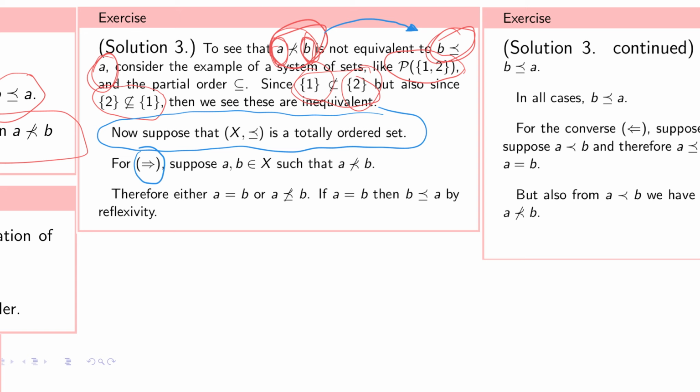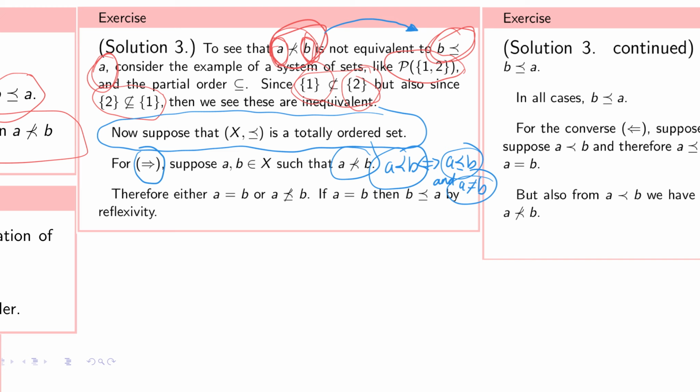In order to do that, by definition of negating this, keep in mind that A precedes B holds if and only if A ⪯ B and A is not equal to B. So if this is not true, it must be because either this is not true or because this is not true.